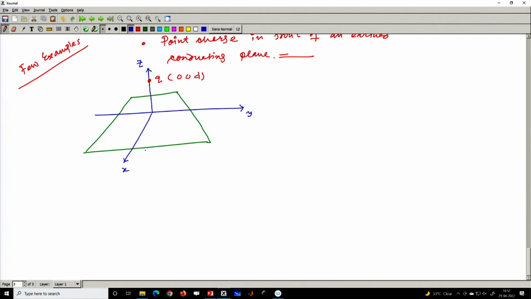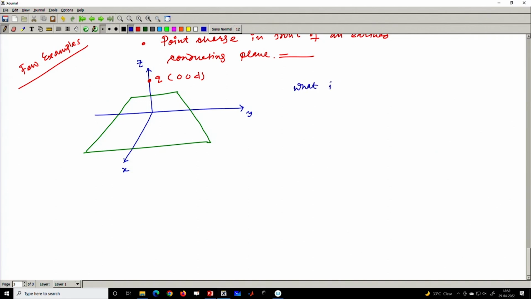So, this is my plane. The plane is over xy, and this distance is d from here to here. So, the problem is: what is the potential above the plane?